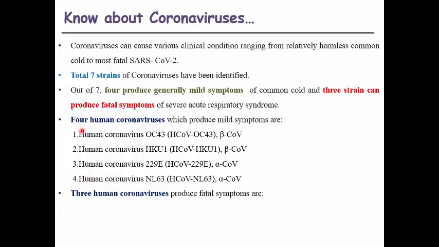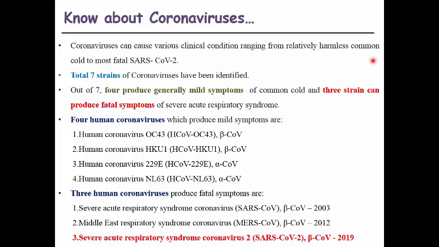Apart from these 4, till now 3 other human coronavirus strains have been identified which are likely to produce very fatal symptoms of the respiratory system. The first was identified in 2003, which produced SARS-CoV-1, and it is of the beta coronavirus species.